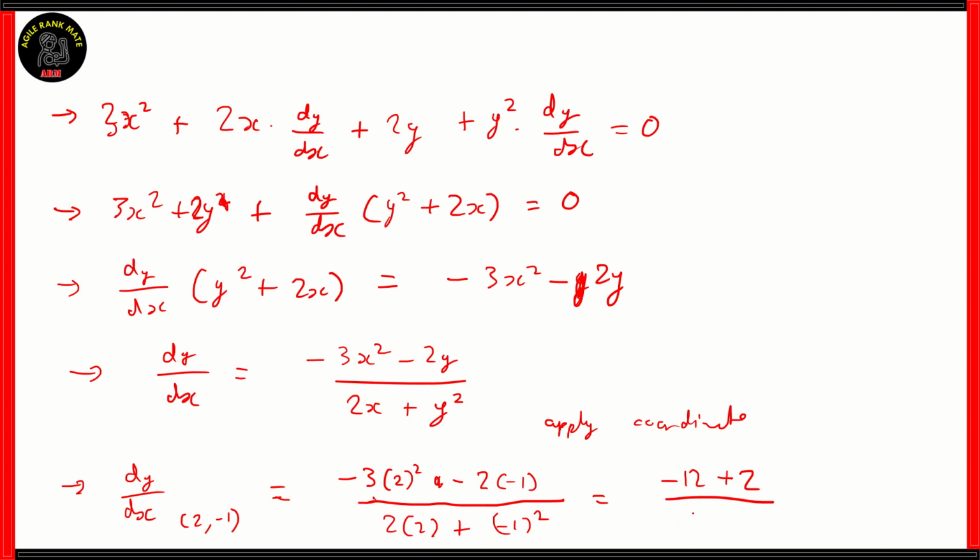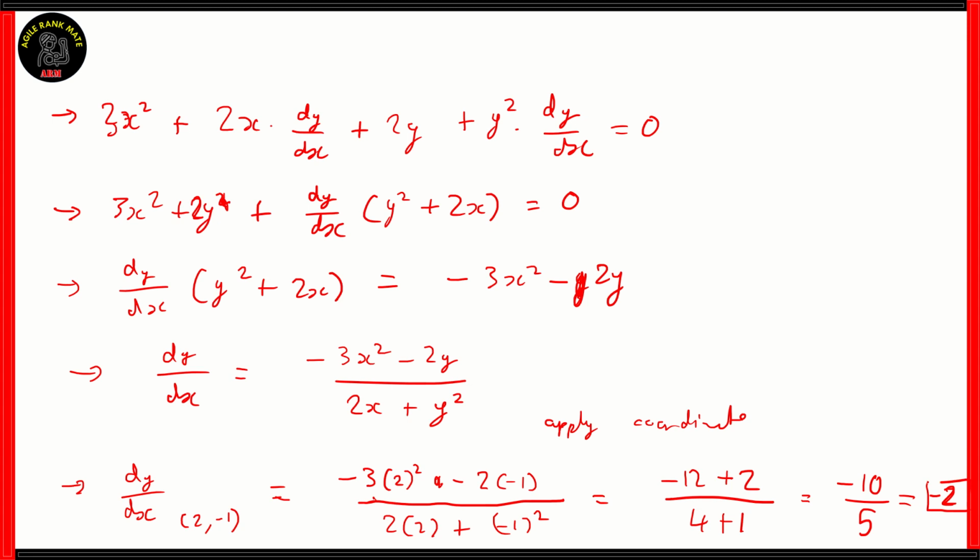And then in the denominator, it'll be 4 plus the square of negative 1 is still 1. Negative times negative gives you a positive. So what we get is minus 10 over 5 as the value of dy by dx at 2 comma minus 1. This fraction can be brought down to the integer that is minus 2.